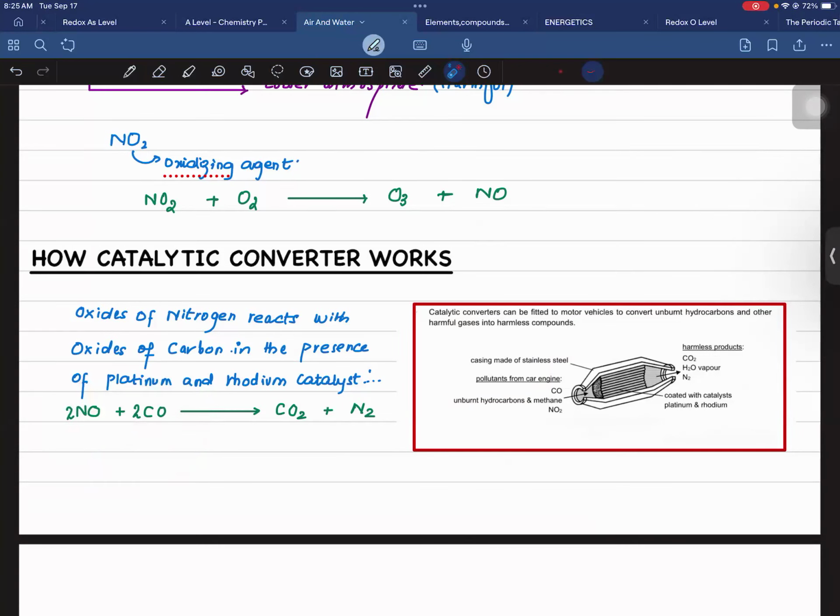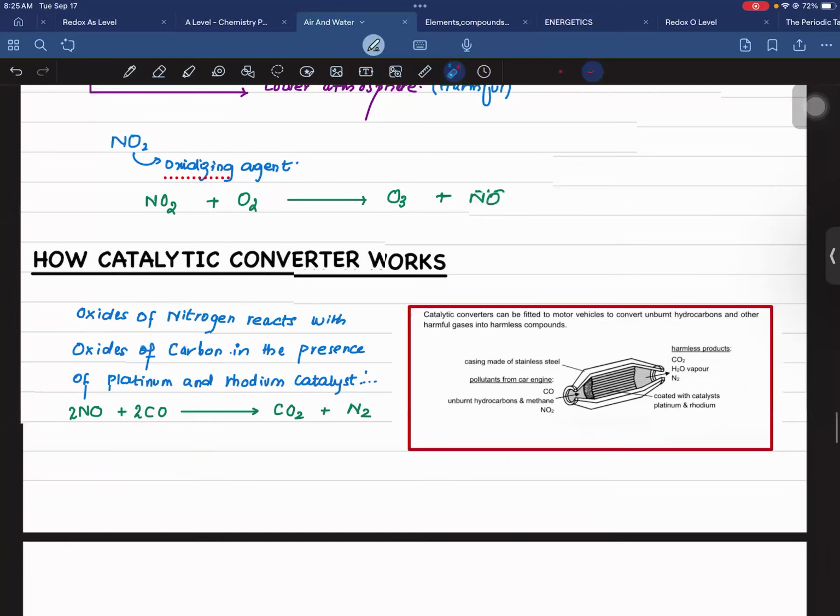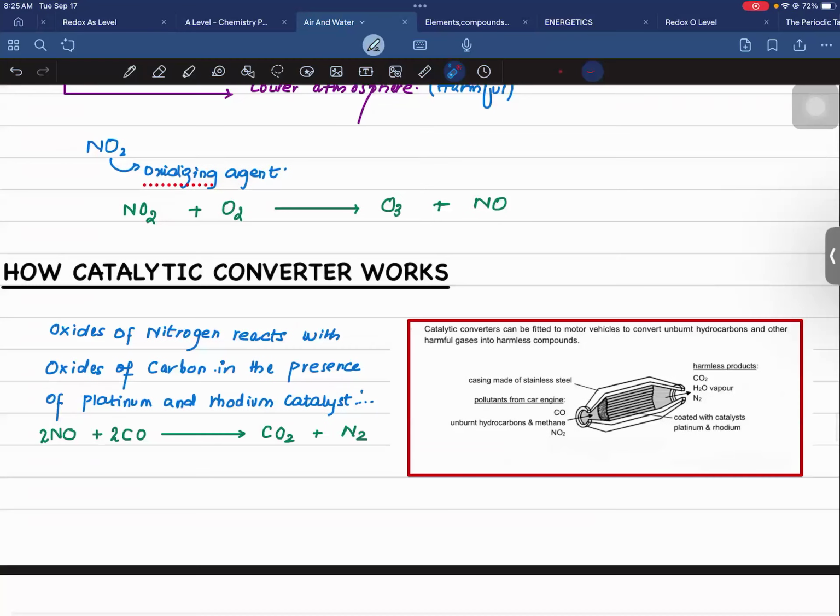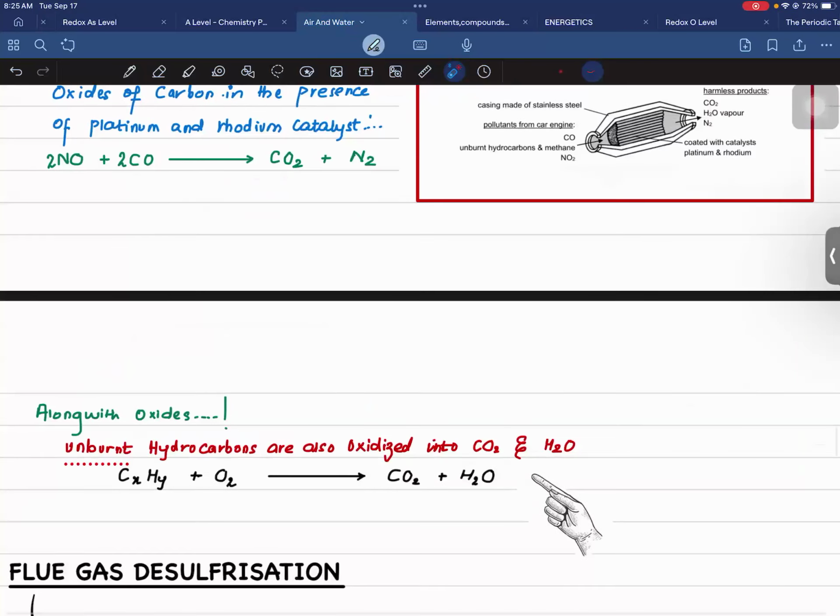But if we compare monoxide and dioxide, carbon monoxide is far more dangerous and carbon dioxide is not so much. So you must know this equation.